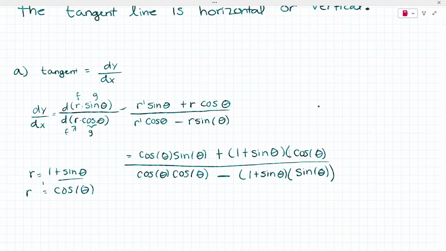Okay, then you can just plug in theta for pi over 4, right? Theta was pi over 4, so go ahead and plug in pi over 4 for theta.